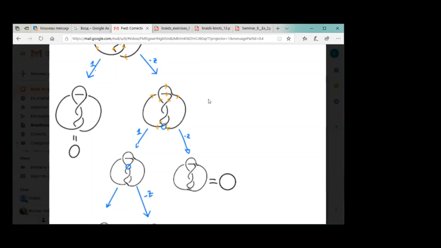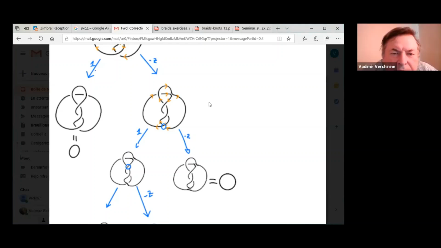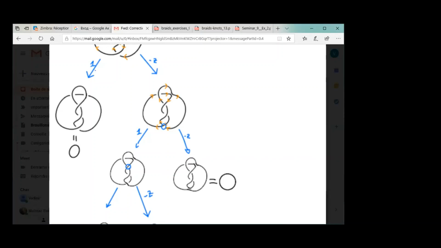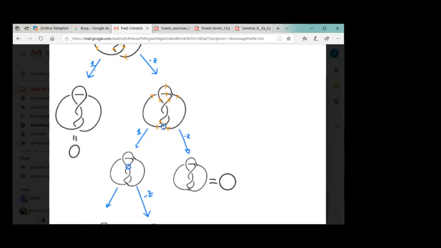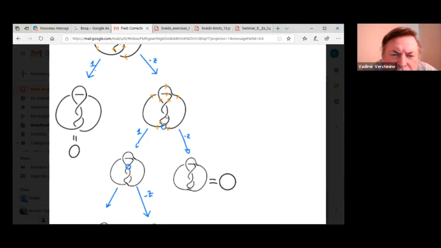Yeah. This is a link. Yes, the link. This is a two-component link, and a little bit tricky because, by the way, you can look: a link with 1, 2, 3 crossings, right?